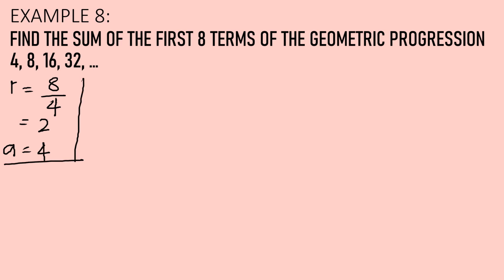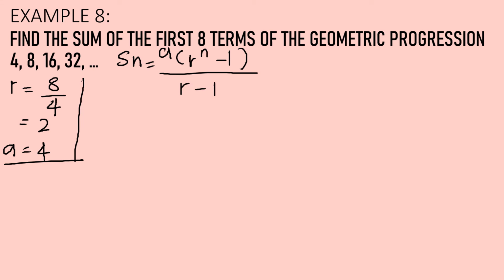When it's more than 1, we will use Sn equals A bracket of R power of n minus 1, over R minus 1.